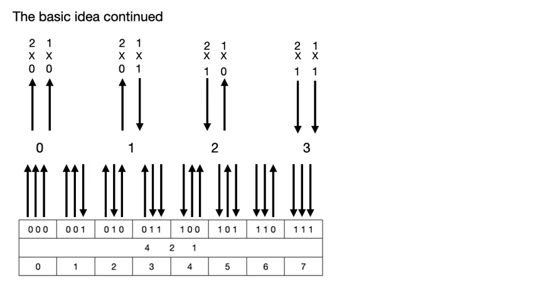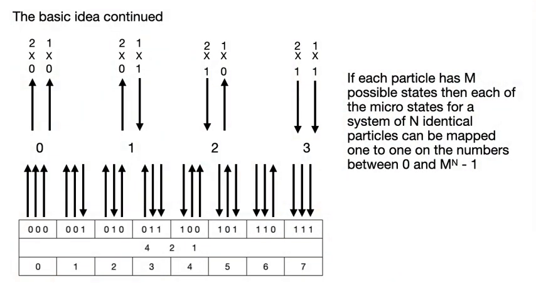We can thus write a loop that converts each of the numbers between 0 and 2 to the n minus 1 to binary. These 2 to the n binary representations are the 2 to the n microstates we need. More generally, if there are n particles that can each have m possible microstates, then we can map them onto the numbers between 0 and m to the n minus 1.